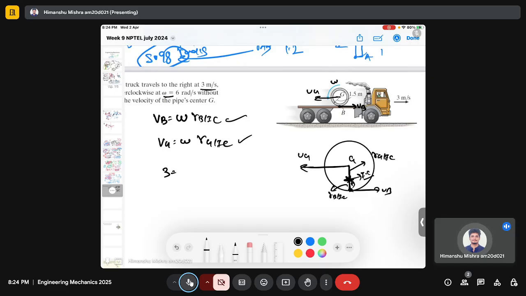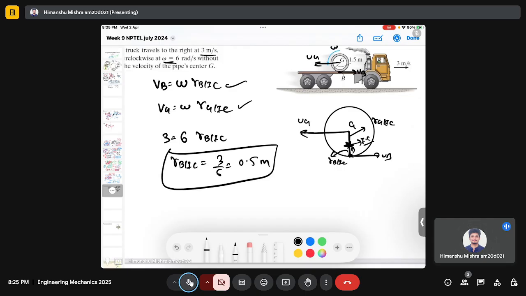And we know the omega also, which is 6. So my RB with respect to IC will be 3 by 6, which is 0.5 meter. This is the magnitude of the position vector of B with respect to IC. Now we need to find this quantity, and we know the radius, which is 1.5 meter.